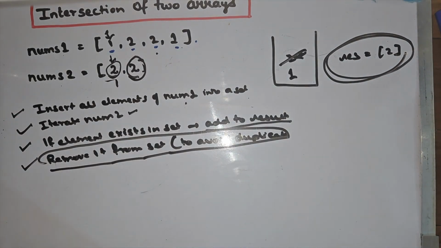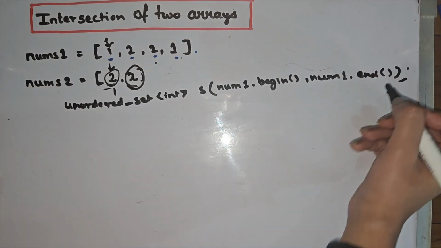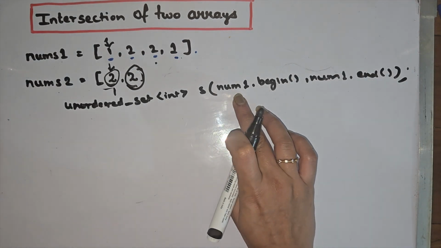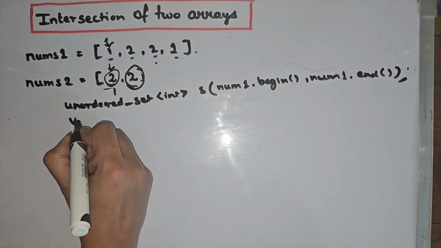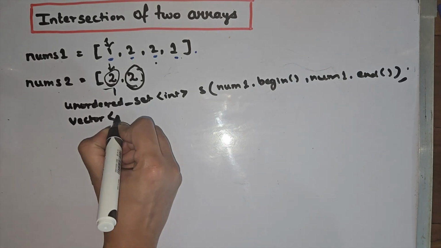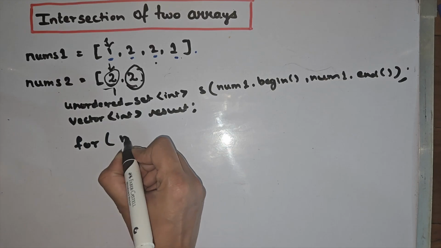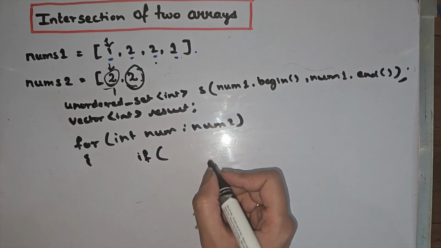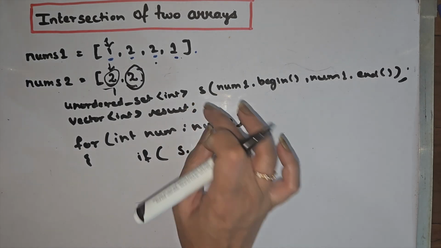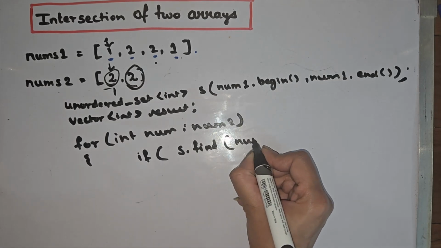So now let's code this particular solution. So we will have an unordered set. In the set we add the nums1 array from begin to end. And now we will have a vector for the result. Now what we'll do is we will iterate through nums2. And we will see if the set, which is S, has this element or not.